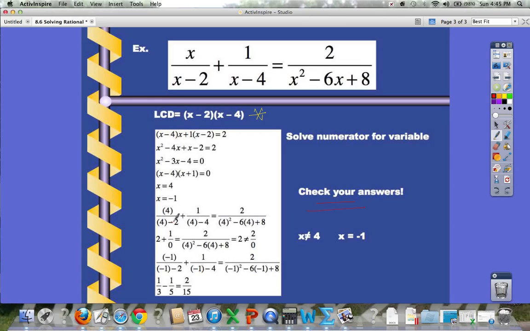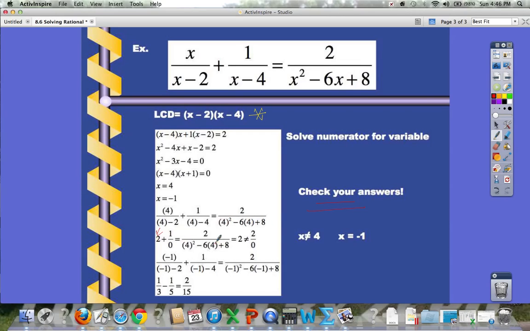4 over 4 minus 2, well, that's 4 over 2, which is 2. Then 1 over 4 minus 4, or 4 minus 4 is 0, so that's 1 over 0, which we know you can't do. And then this is 2 over 4 squared minus 6 times 4 plus 8.